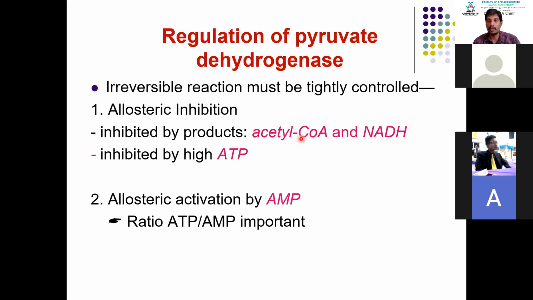When excess acetyl coenzyme A is there, it will bind to this enzyme and inhibit it. At the same time, excess NADH or excess ATP also inhibits. But in contrast, activation is by AMP. AMP molecules bind to pyruvate dehydrogenase allosterically and change its structure to make it more active.